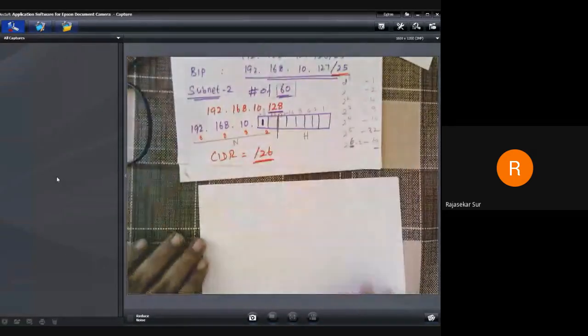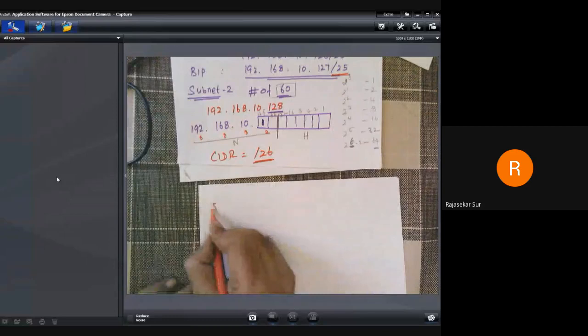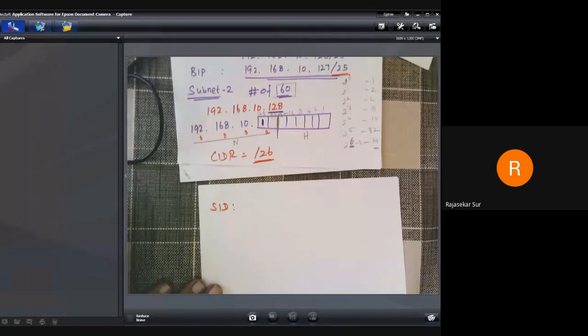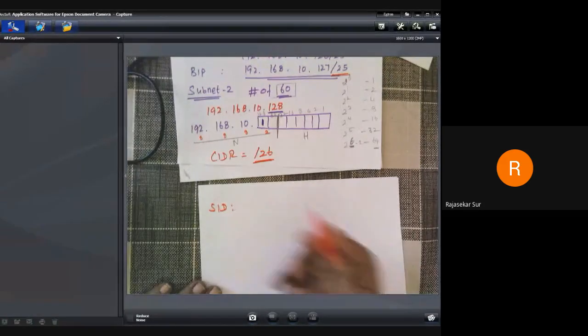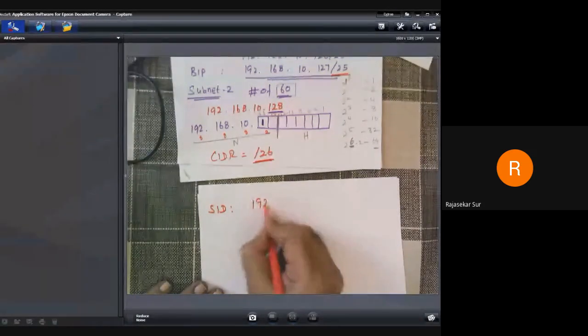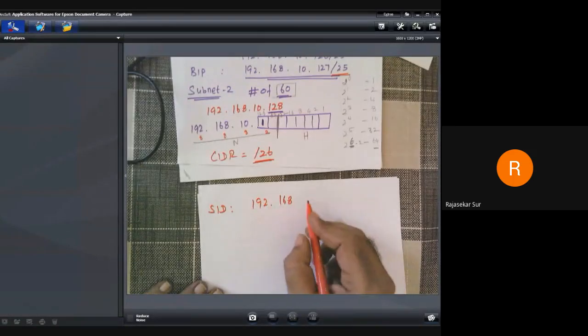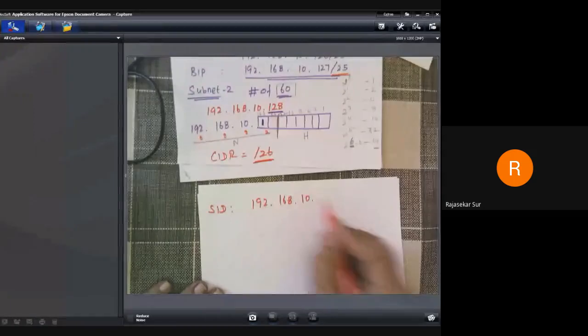So now I'm going for the subnet ID. What is the subnet ID for the second one? The subnet ID is 192.168.10.128.